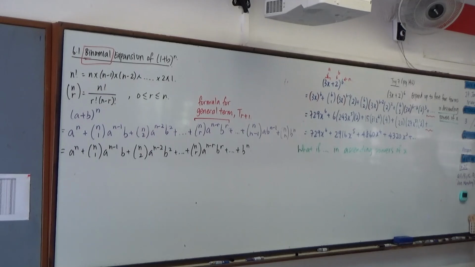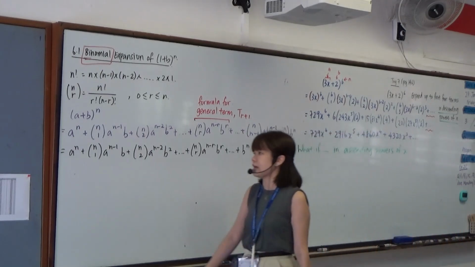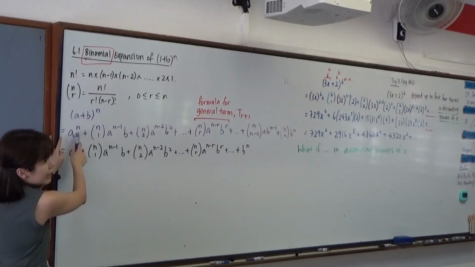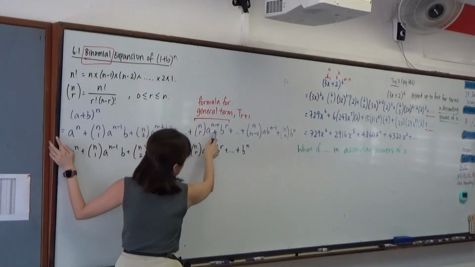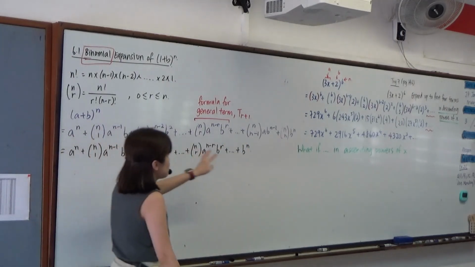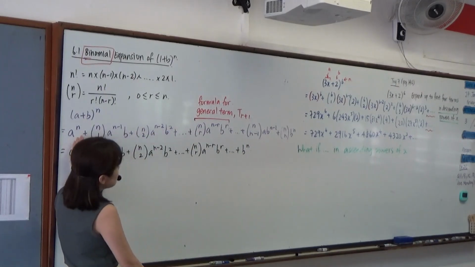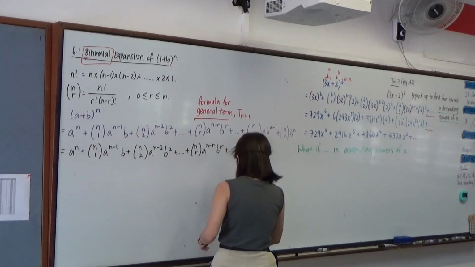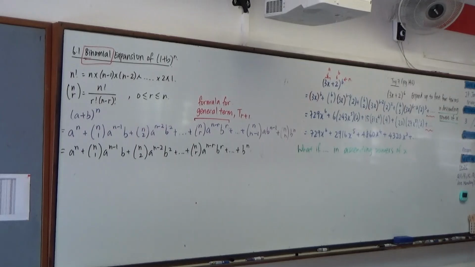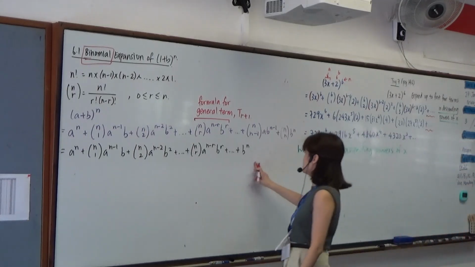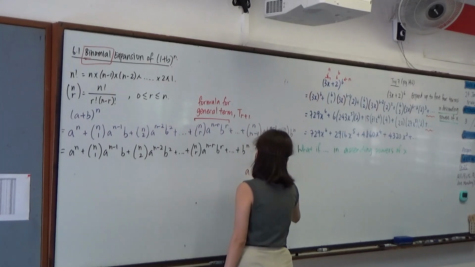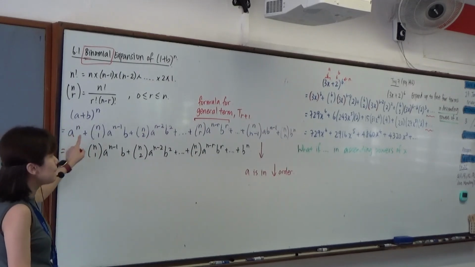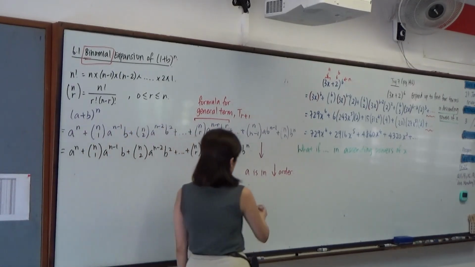What we should do is to have this observation. I want you to observe the A first. A starts with power n, then n minus 1, n minus 2, n minus r, and so on, and then after, A disappears. Our A is arranged such that it is in decreasing order, while B is in increasing order.